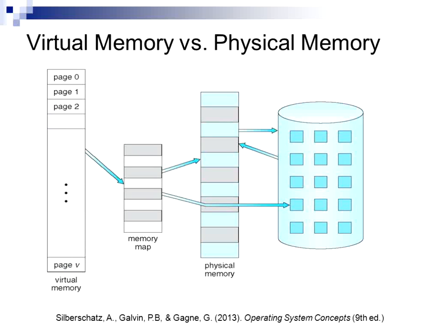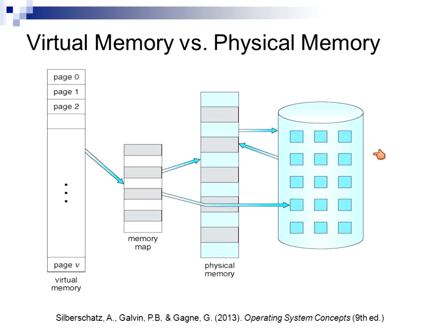Okay, and this just gives you a nice picture of what happens with virtual memory versus physical memory. We still have our logical memory, or our virtual memory, that's mapped to physical memory, but everything in logical memory isn't necessarily in physical memory.